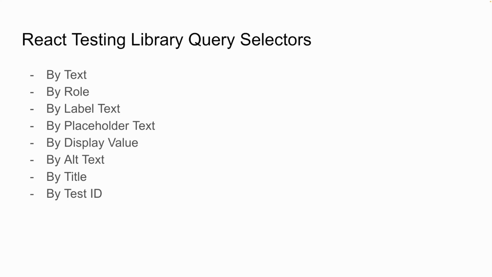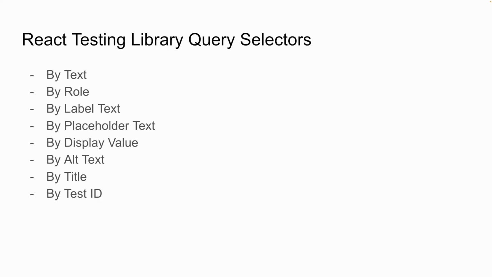Now, accessibility is a good practice to begin with, although I'll fully admit from personal experience, it's the easiest thing to overlook. However, RTL's tight integration with accessibility features in its selectors just further encourages this really good practice.